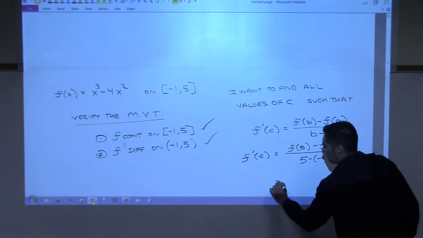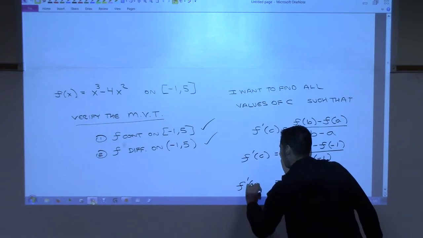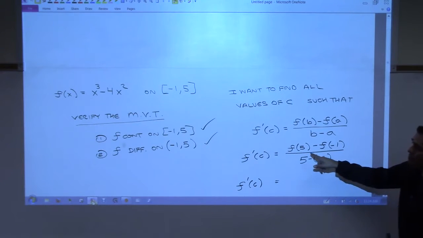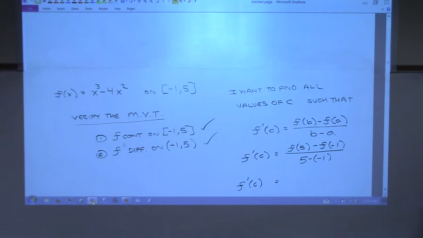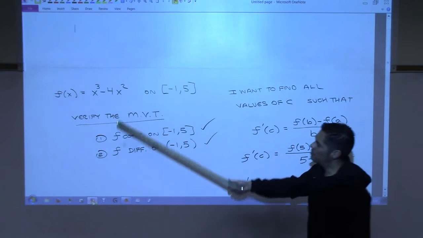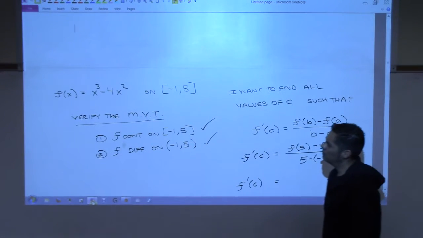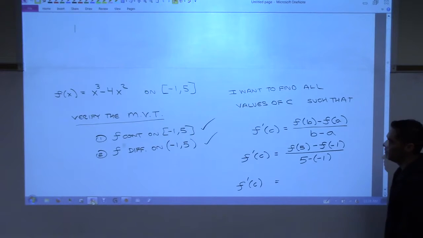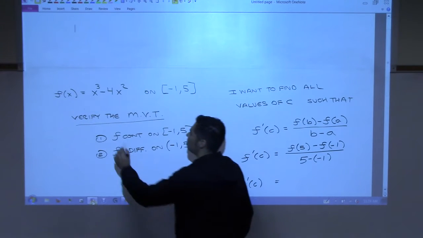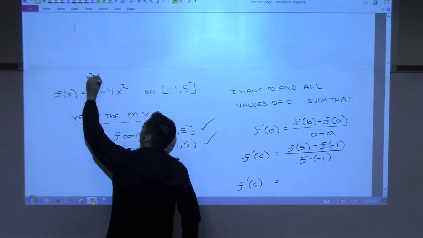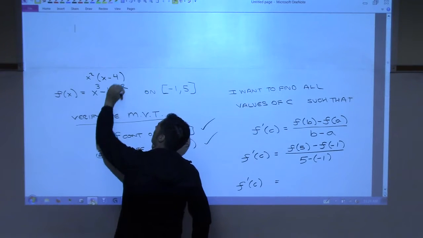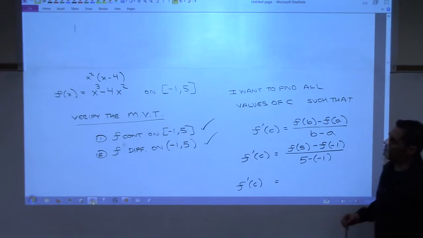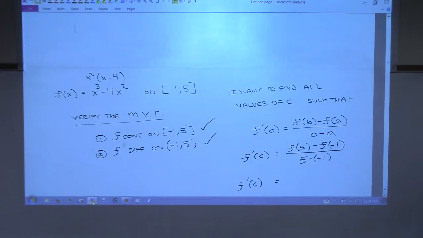And I can actually figure out what f of 5 is. Oh, I should have picked some better numbers, huh? 5 goes in here. Ooh, is that just 25? It's 25. You know how I did that so quick? I factored out an x squared, and then I squared 5 and subtracted 5 minus 4.